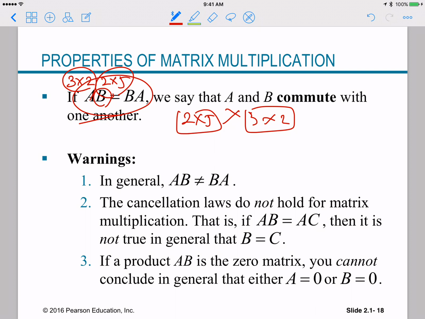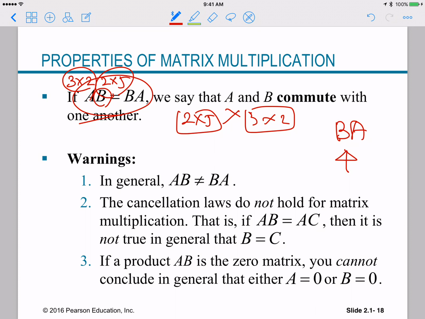Okay, and then let me ask the question. At least you want to be able to define B times A, so what is the matrix size of A and B to make this definition possible? What can we say about the size of A and B in order to be able to define B times A?